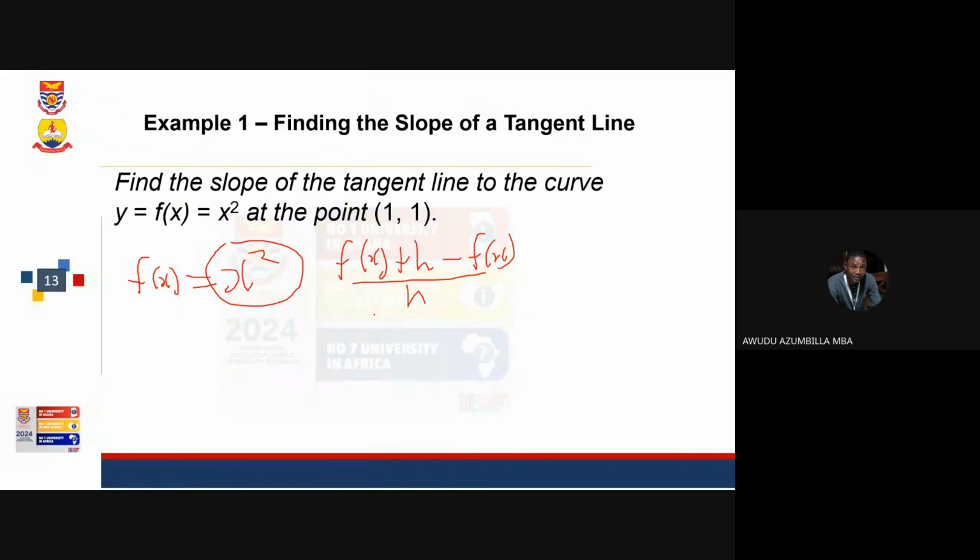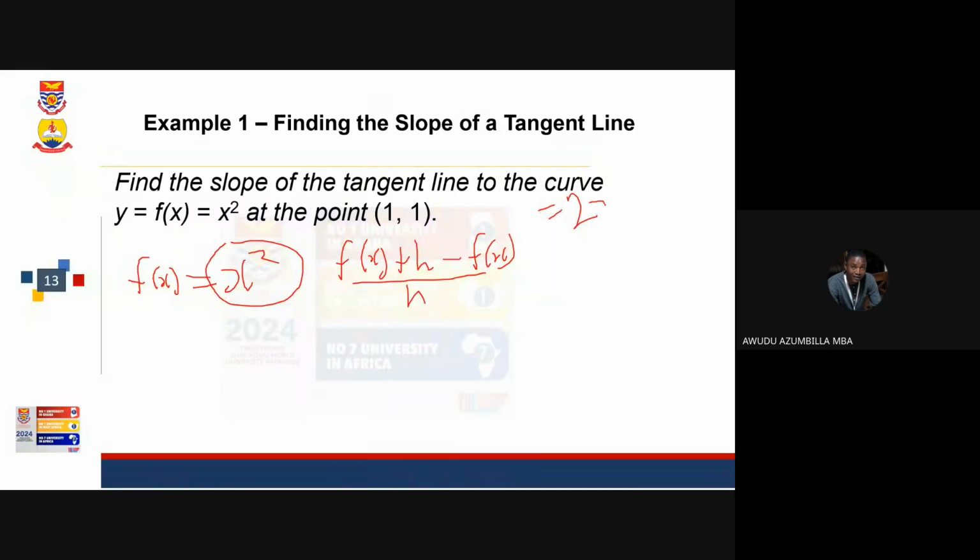You get 2x. You get to know why it is 2x when we are doing the differentiation itself. But basically, when you are differentiating this one, we are going to get 2x.